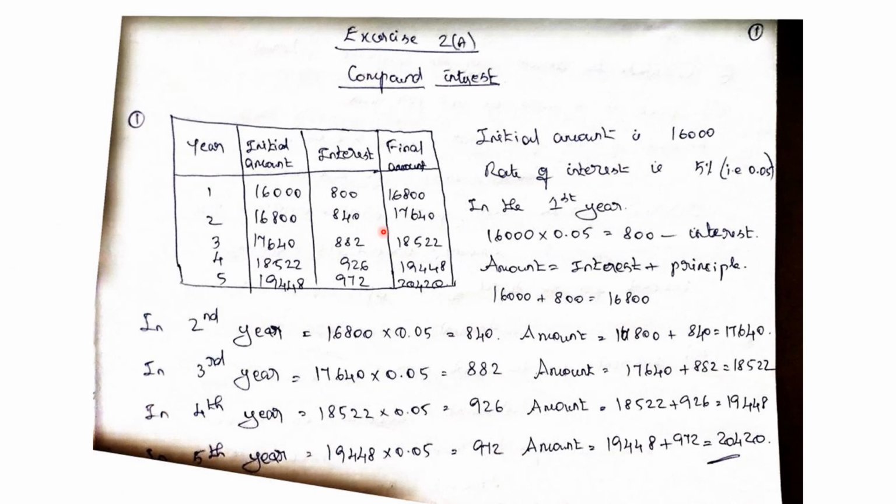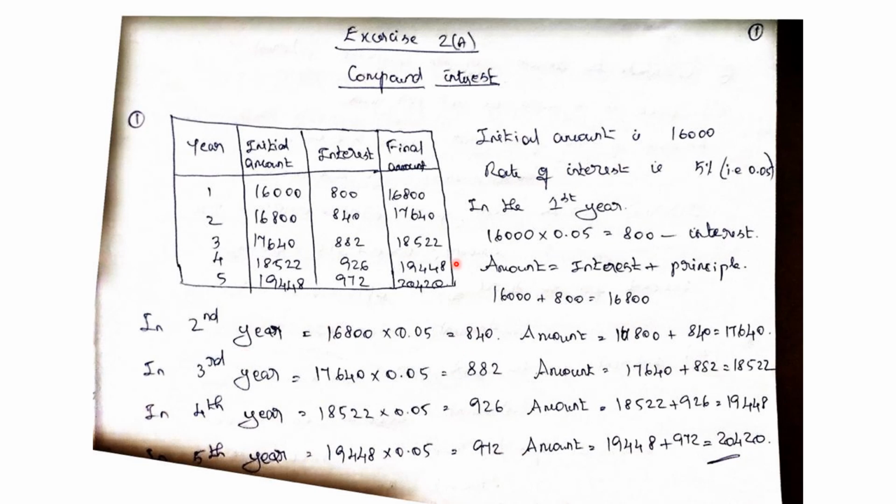So the initial amount is 16,000, rate of interest for all the years is 5%. Here we are not going to use a formula, so we are going to find it for each year.